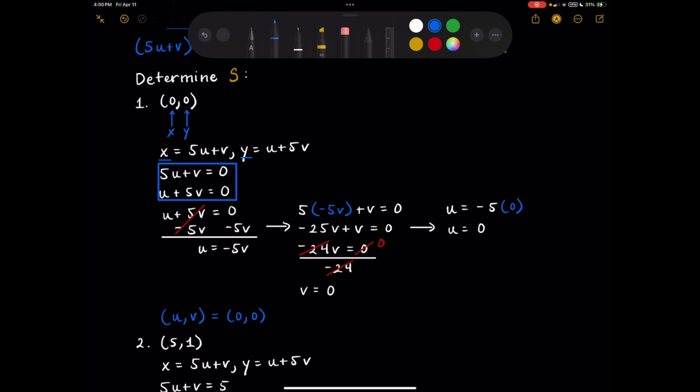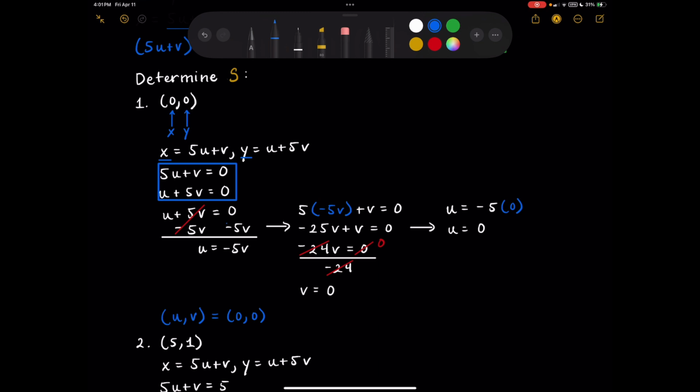I'll have a video coming out shortly of how to use your TI-84 calculator to input a system of equations like this and row reduce it and get the answer. But you can look closely at the work here, but basically what I did here is I just did some substitution.